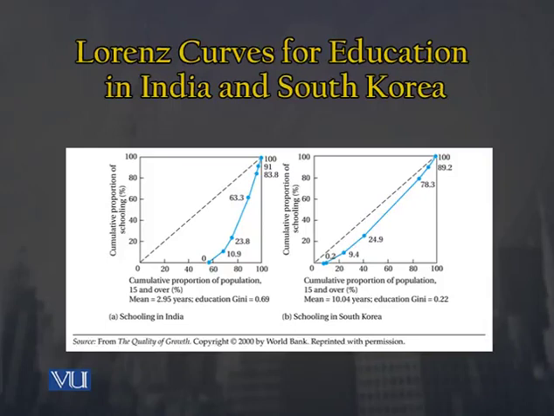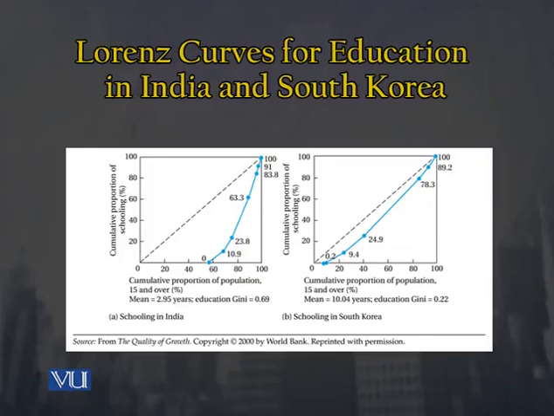If you compare this Lorenz curve with the curve plotted in the diagram next to this one, which is for South Korea, there you can see that the population from where the education starts off is closer to 10%. So we can interpret that almost 8 or 9% of the total population living in the very low income category is probably the one without any education.